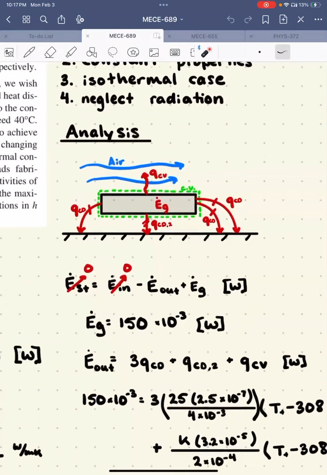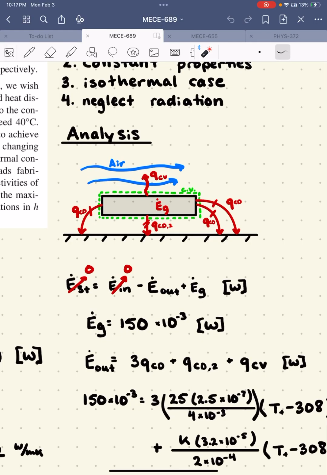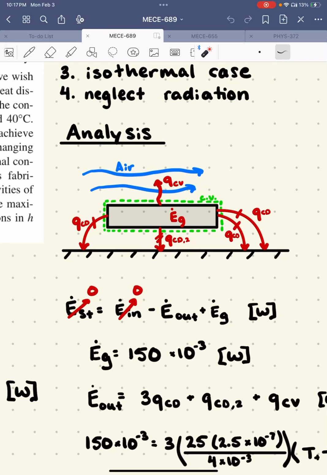To start out, I wanted to draw a little schematic of what's going on. So we have our transistor here. I'm calling this our control volume. It's the entire body of the transistor.